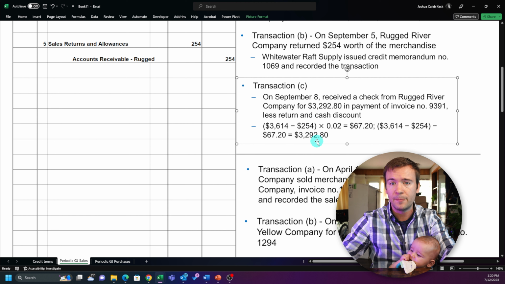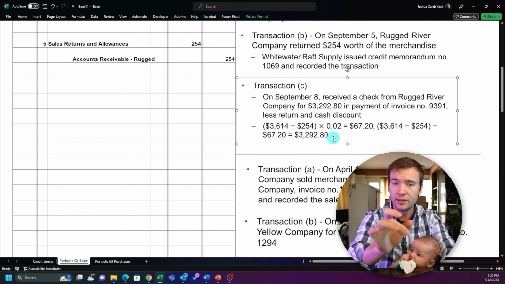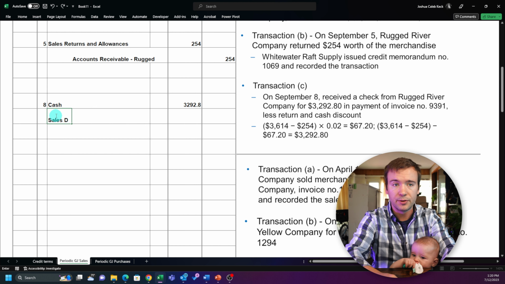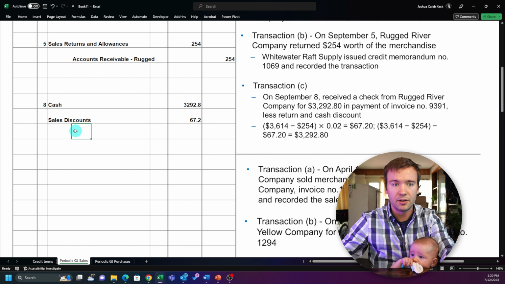They made their payment. Down here, you can see how they got to the cash discount. I'm not too concerned about the calculation here. I just want to make sure we get the journal entries. So here on the 8th, we are going to make a debit to cash for what we received, $32.92.80. We are going to make another debit to sales discounts, in this case for $67.20, the amount of 2% of the net amount.